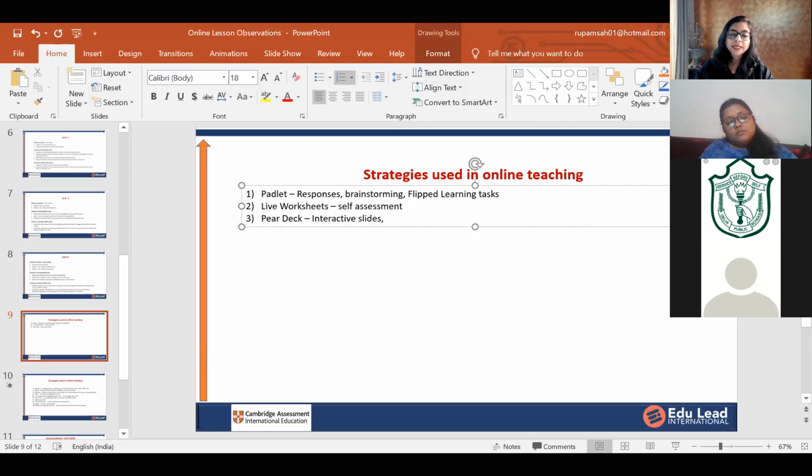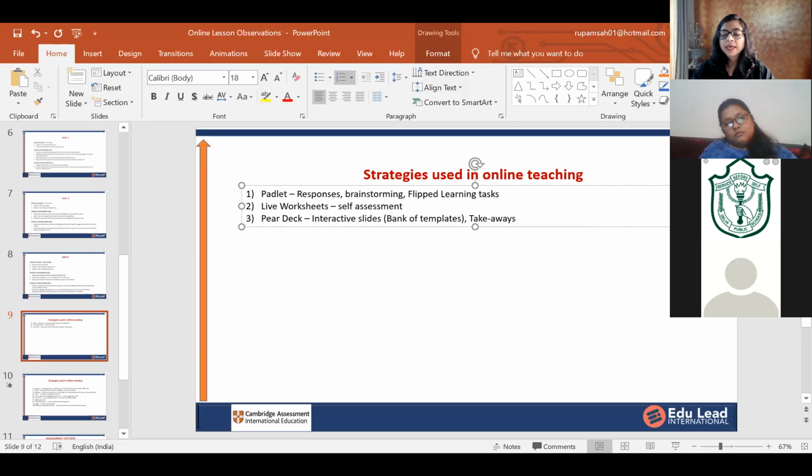So there are different templates, of course. Those are your interactive slides. There is already a bank of templates which you can quickly start using. And another thing is that you can publish the children's takeaways.